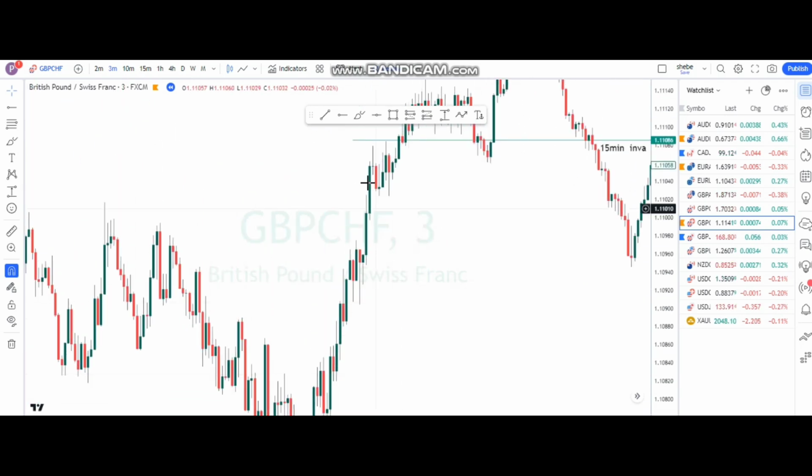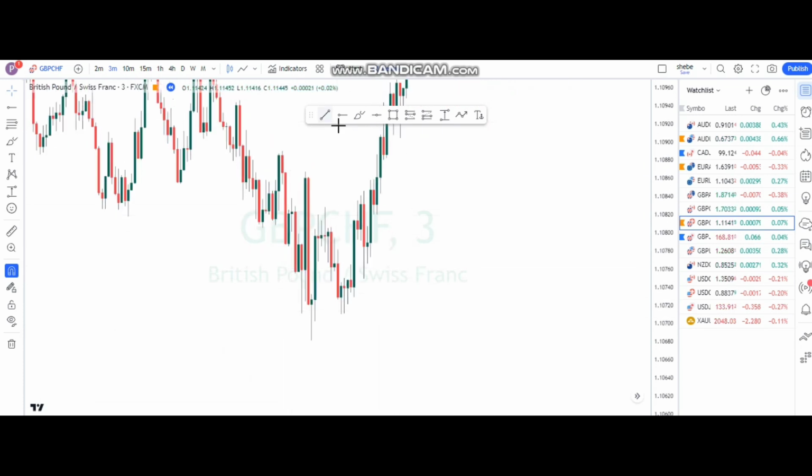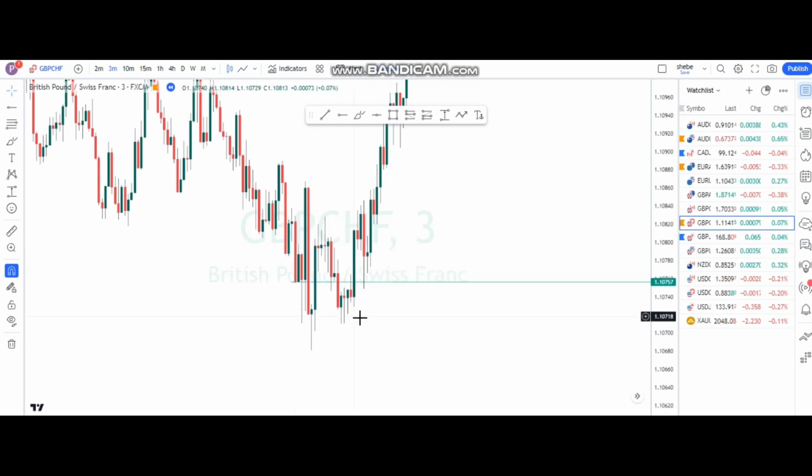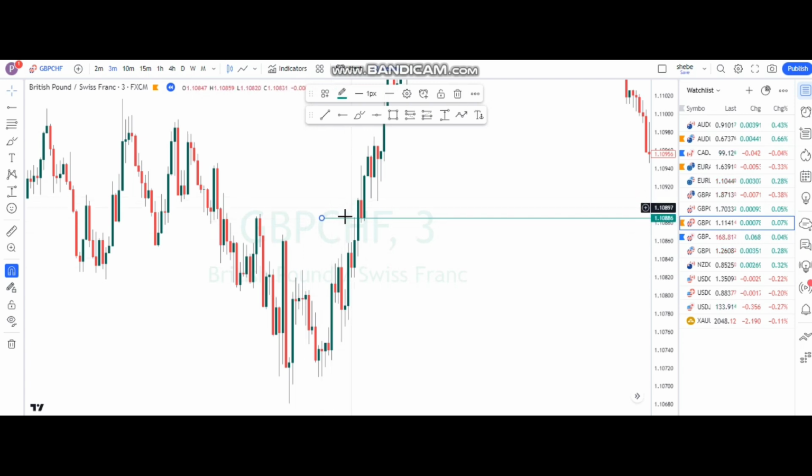Come to look here, this was high, this was low, this was high, this was low, then this was our invalidation point around here. But when the price went, it came back, hence making this point around here our new invalidation point. High, low, high, low, high, low, high.